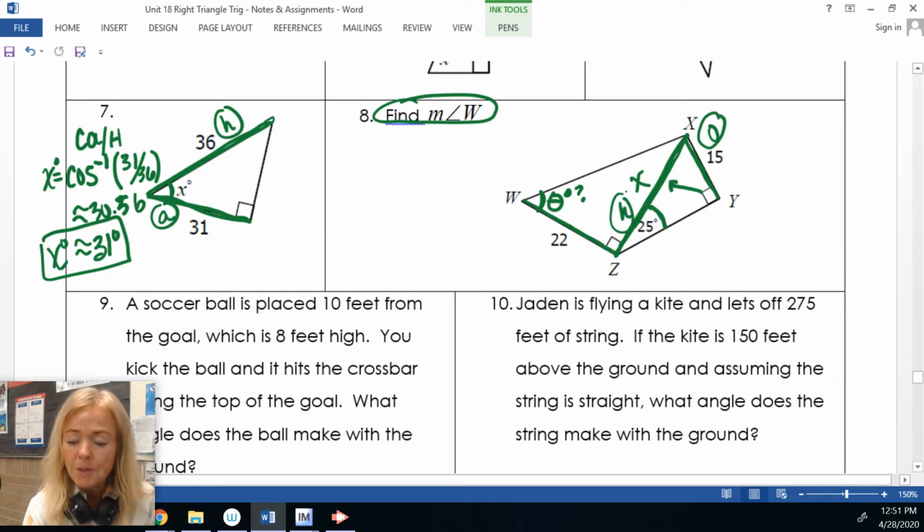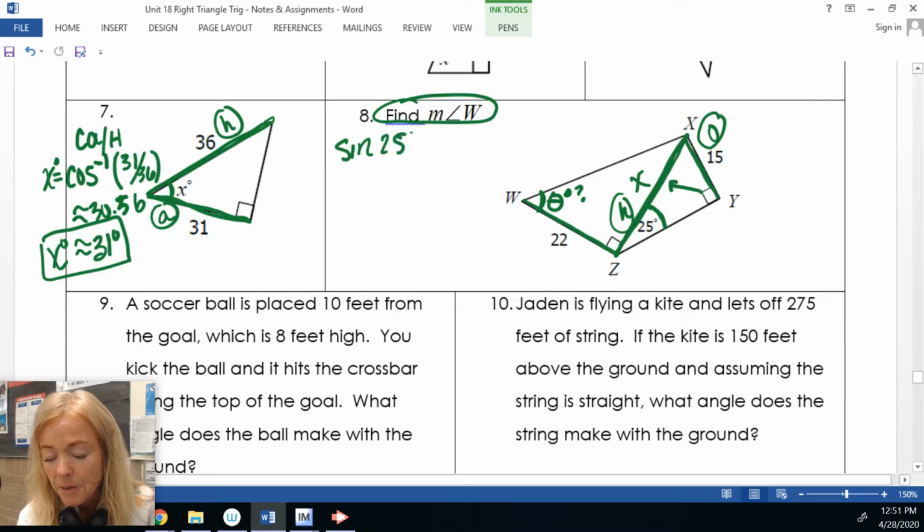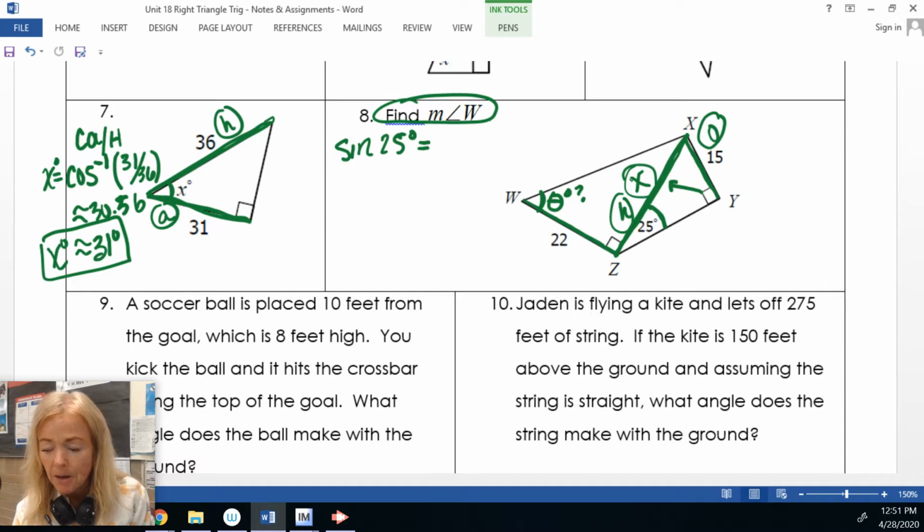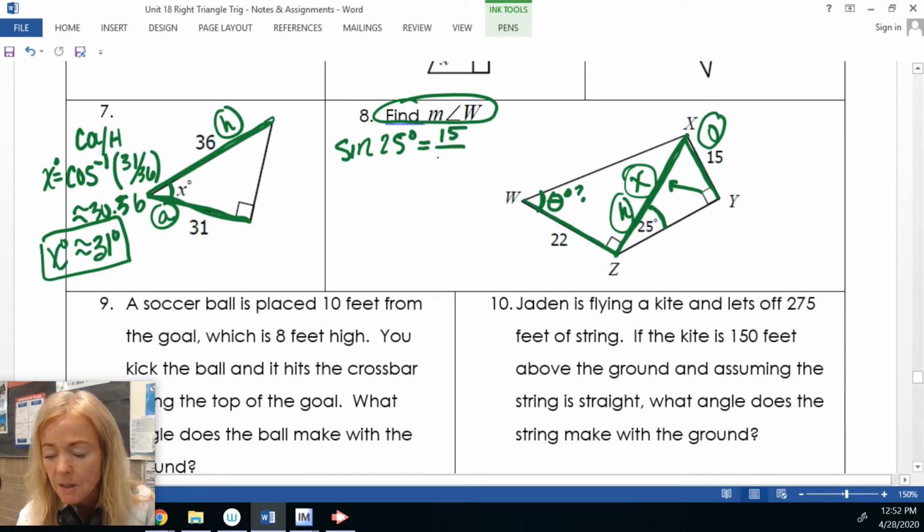So we're going to use the sine function on our right triangle to come up with that side X, hypotenuse of that triangle, so sine, because we have O and H. Sine 25 degrees, now we're not using inverse functions because it is a side we're looking for now. And when we're looking for sides, we use the regular function. So sine 25 is equal to opposite over hypotenuse, which is 15 opposite over x hypotenuse.